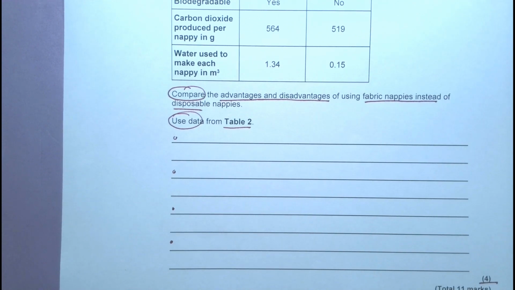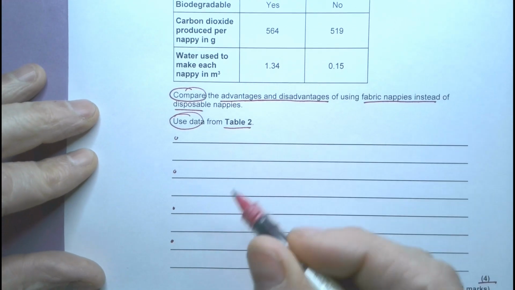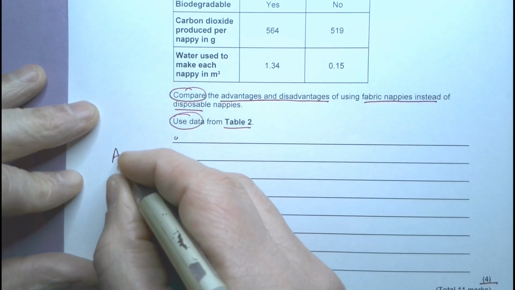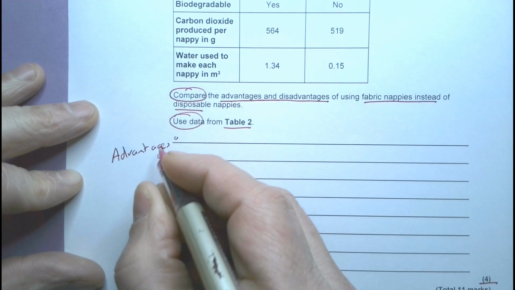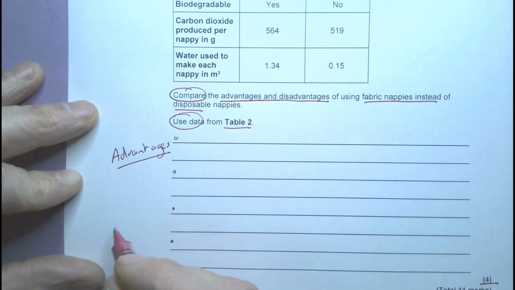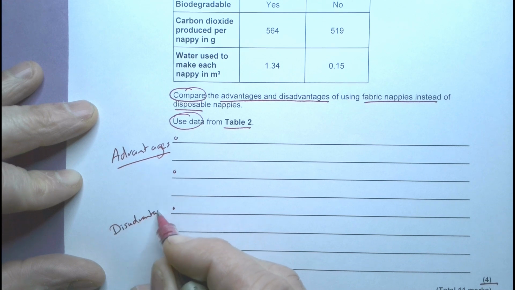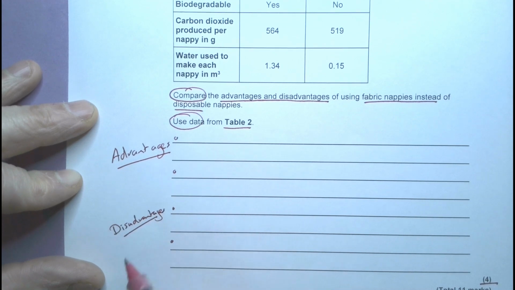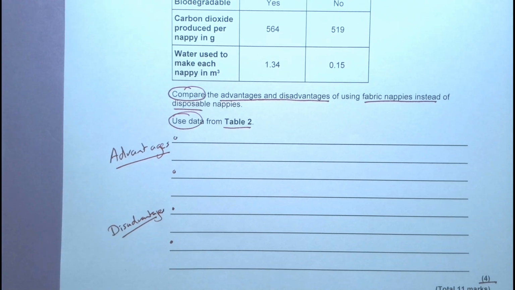It's asking me to compare advantages and disadvantages, so my top one is going to be advantages, which means my second 2 bullet points will be disadvantages. Okay, and it's absolutely fine to do that. In fact, I think it helps because it helps structure your answer.